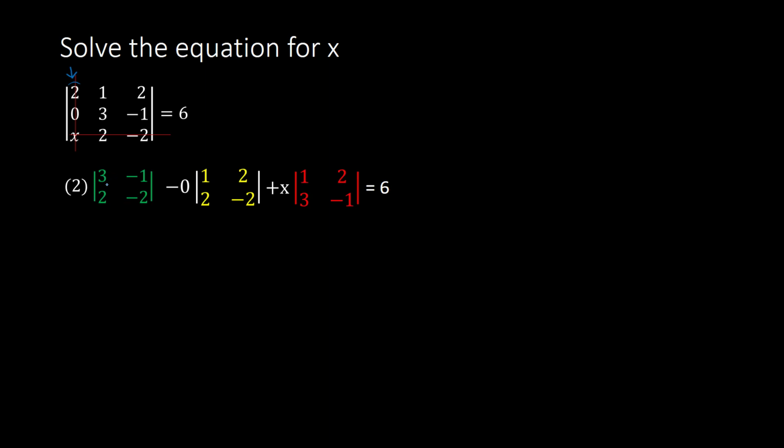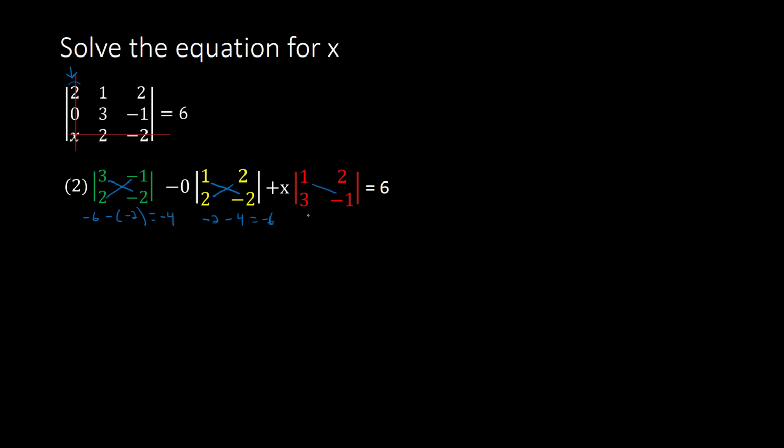So find the determinant of each of these matrices. 3 times -2 gives me -6, minus 2 times -2 is -2, -6 minus the -2 is -4. Same thing here, we get 1 times -2 is -2, 2 times 2 is 4, so we subtract and we get -6.